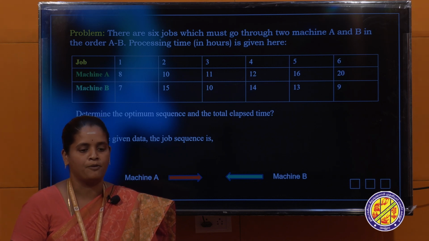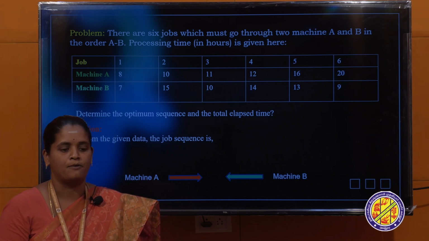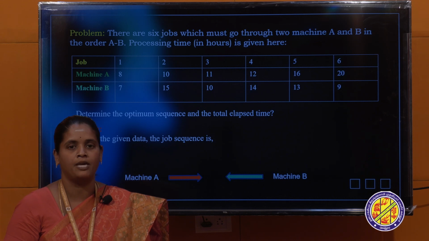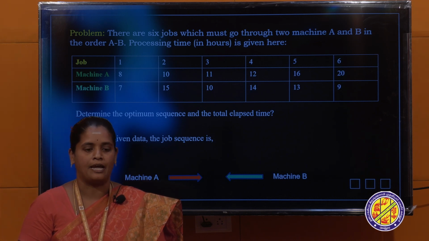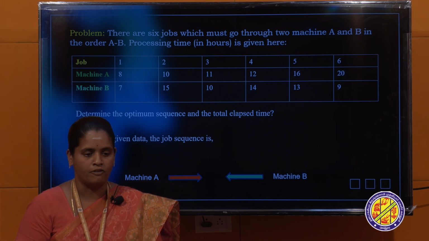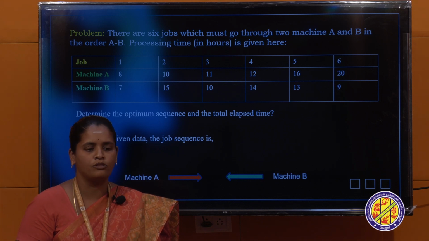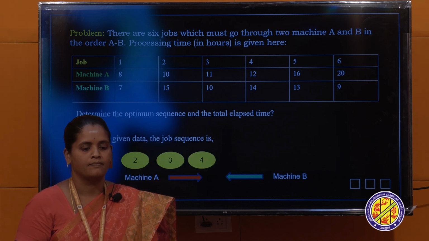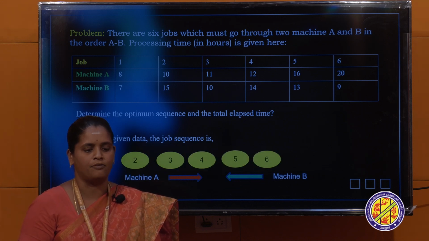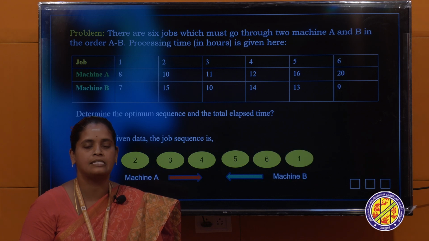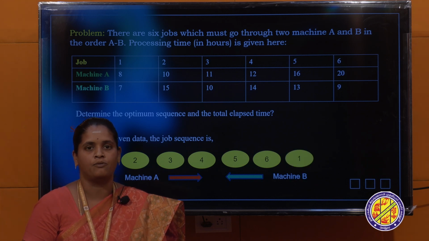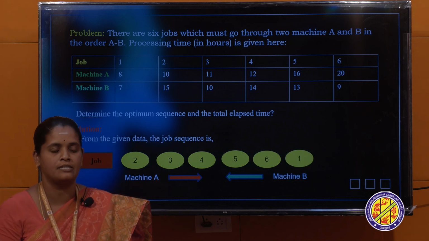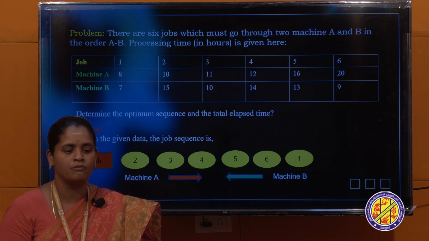Then the next minimum processing time is 9, the processing time of job 6 on mission B, so it is also assigned from right to left, next to job 1. We get the job sequence 2, 3, 4, 5, 6 and 1. This is the sequence in which the jobs are processed from mission A to mission B.